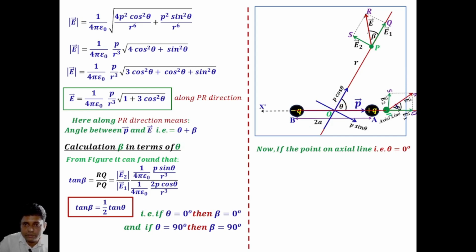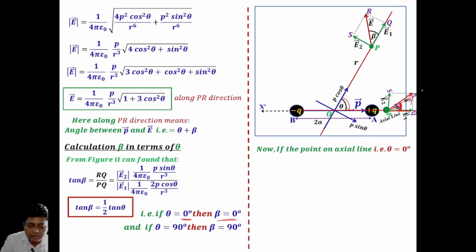If this situation is rotated like this, as we saw, when theta will be 0 degree, beta has to be also 0 degree. So this beta, that means the direction of the resultant vector with respect to E1, is your beta, no? So this beta will be 0.